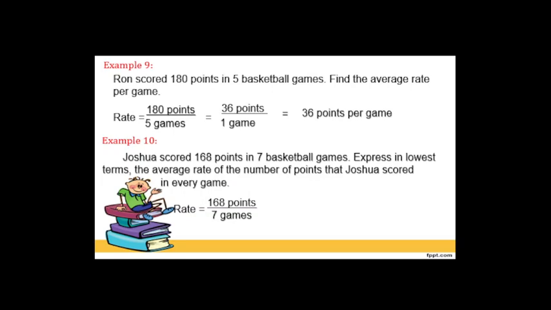Again, 168 is divisible by 7. So 16 divided by 7, of course, that is 2. 2 times 7 is 14, and then 16 minus 14 is 2. So then that will become 28 divided by 7 is 4. So that is equal to 24 points over 1 game. In short, this can be expressed as 24 points per game.